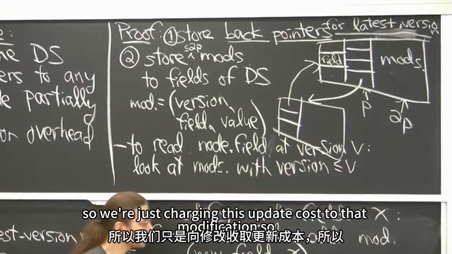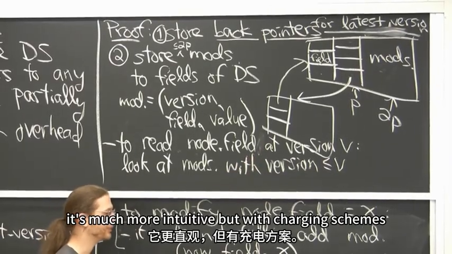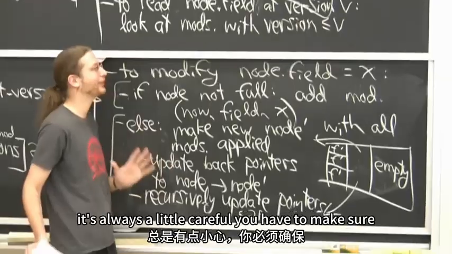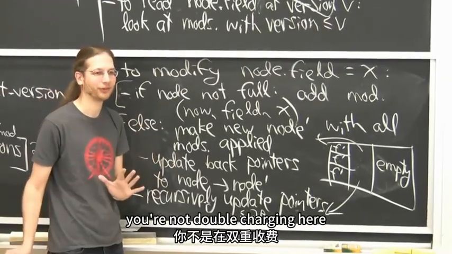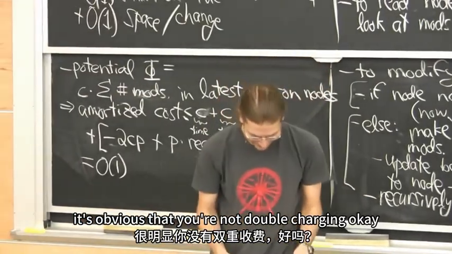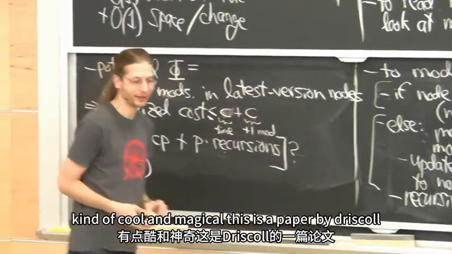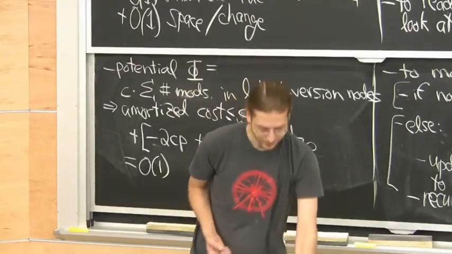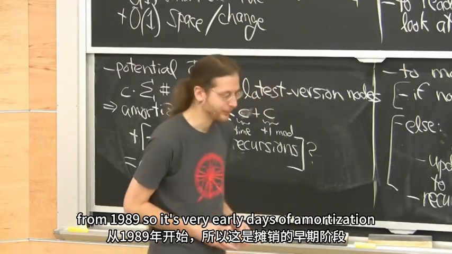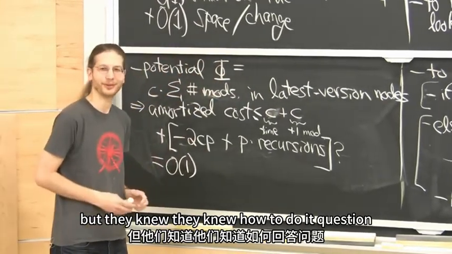And so we're just charging this update cost to that modification. So if you like charging schemes, it's much more intuitive. But with charging schemes, you have to be careful. You have to make sure you're not double charging. Here it's obvious that you're not double charging. Okay, kind of cool and magical. This is a paper by Driscoll, Sarnak, Sleator, Tarjan from 1989. So this is very early days of amortization, but they knew how to do it.